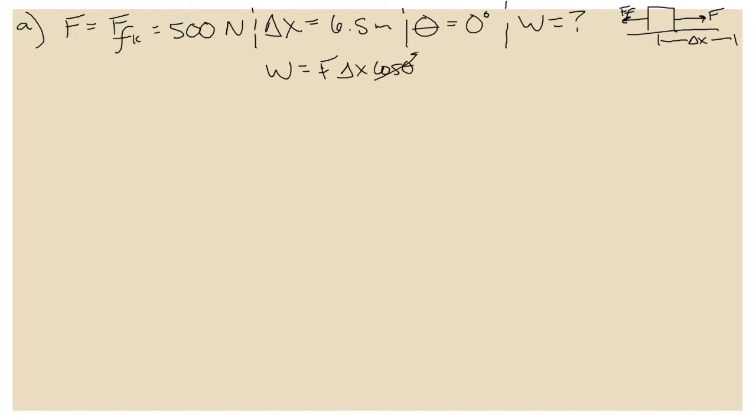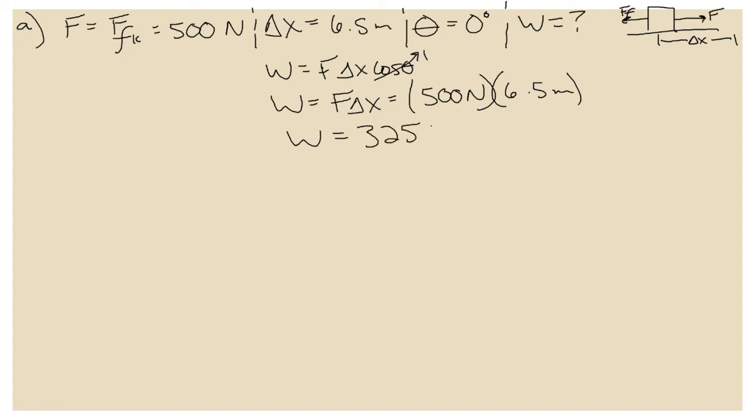Of course, the cosine of 0 degrees is 1, so we can just get rid of that, and that means the work here is just going to be the product of the force and the displacement. So we have our 500 Newton force multiplied by our 6.5 meter displacement, and that's going to give us a work value of 3250 Newton meters, or 3,250 joules.